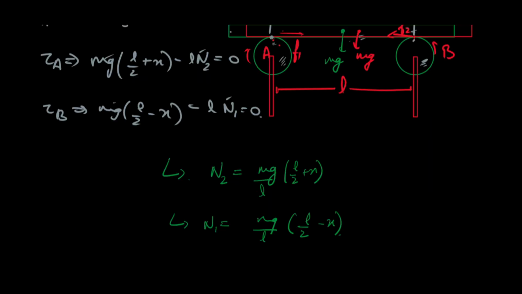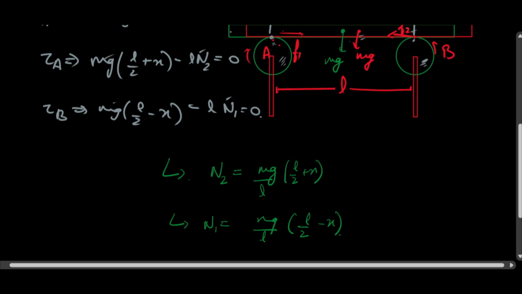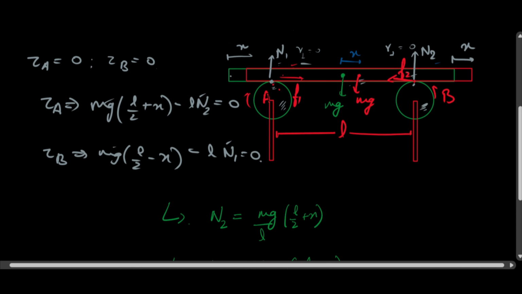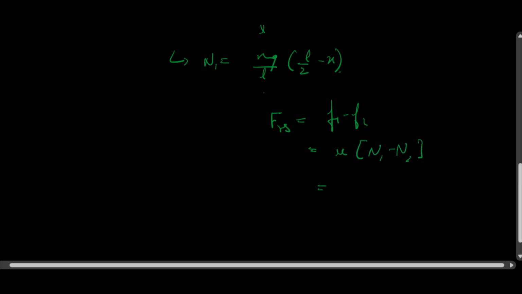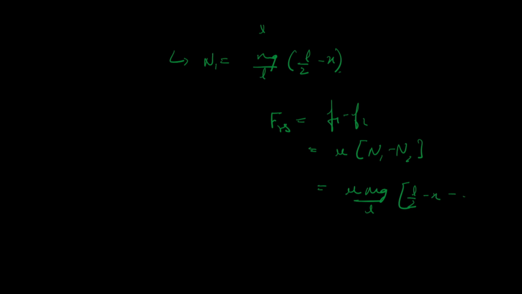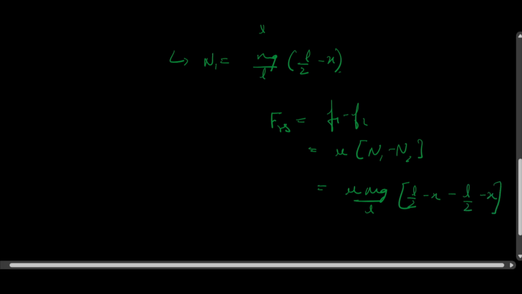So we have the value of N1 and N2 derived from the above relations, and plugging the values of N1 and N2 into this relation, we had restoring force as F1 minus F2, which means mu times N1 minus N2, giving us a net of mu times mg over L by 2 minus x minus L by 2 plus x.